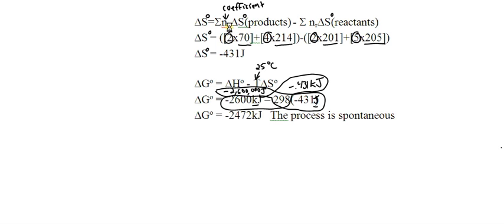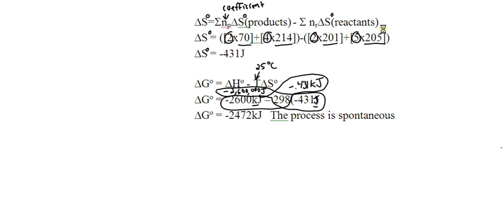So the coefficient for the water was 2, and then 70 was the value. Then there were 4 CO2s times its standard entropy value of 214. Then over here we had our ethine, 2 of those times its standard entropy, or absolute entropy rather, and then we've got 5 coming from the oxygen times its absolute entropy.